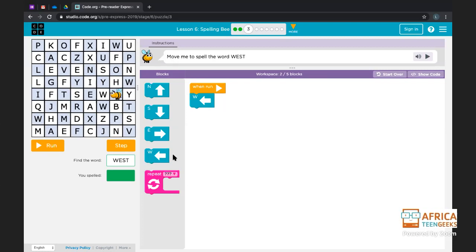Move to the right-hand side. To the right, right or left? Must I use the W block or must I use this E block? W block. So the W shows to the left-hand side.